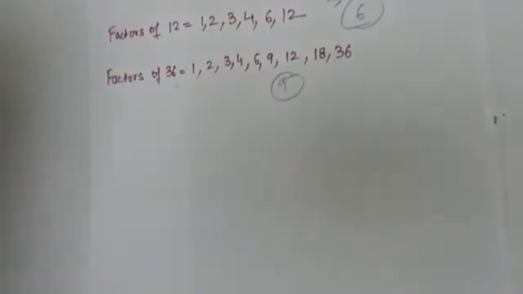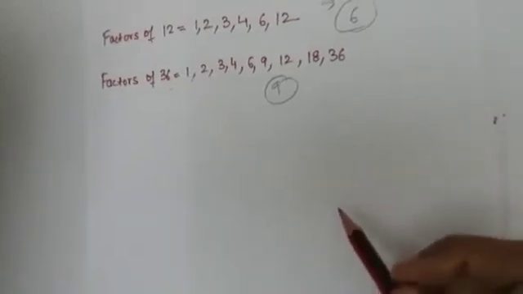It means we can count the number of factors. So we can say that the number of factors is finite. Finite means we can count the number of things. Clear?